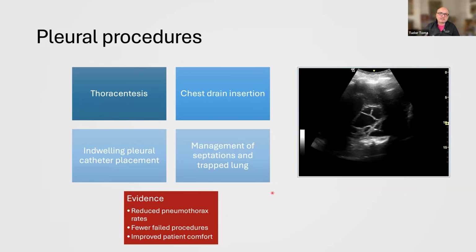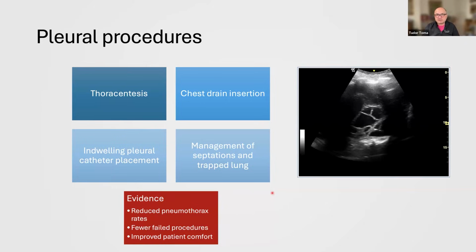And there is a very good body of evidence, in particular in the UK, the group from Oxford is very active in publishing and documenting and doing randomized trials for any intervention that you can do in the pleural space.